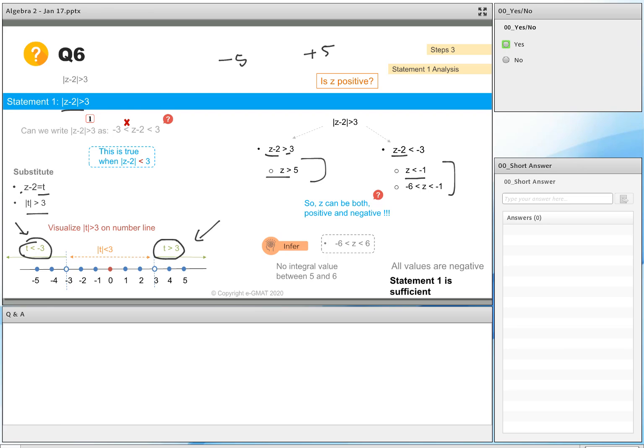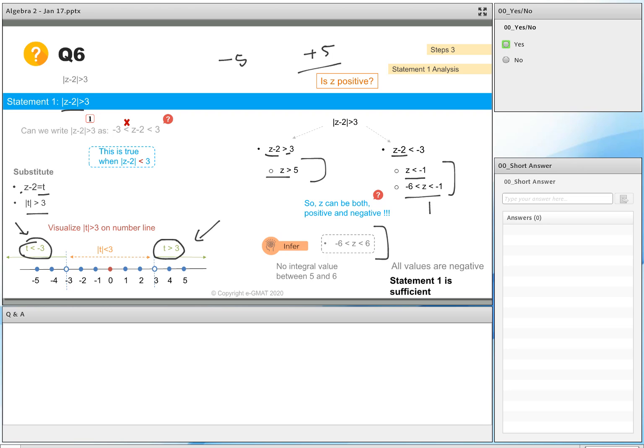But can z take any positive number which is greater than +5? No, it cannot. Since we already had this step from the question stem, we can say that there are no possible positive numbers which z can take. The values that z can take that coincide with the values we had in the question stem are all negative, right?